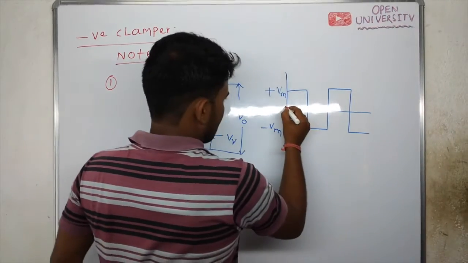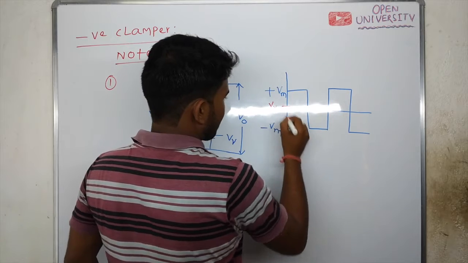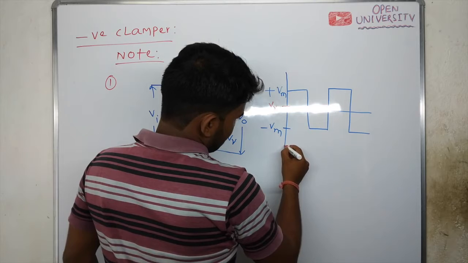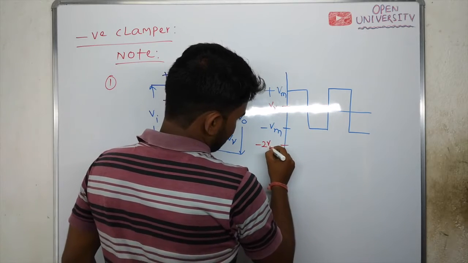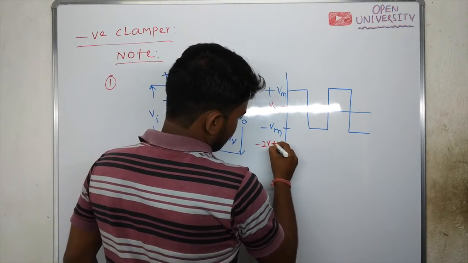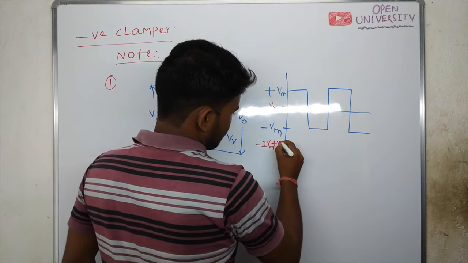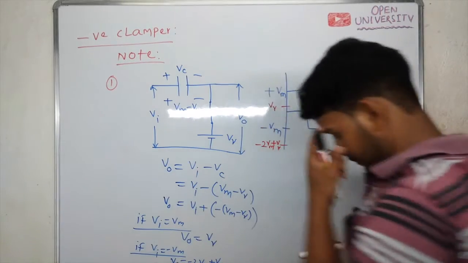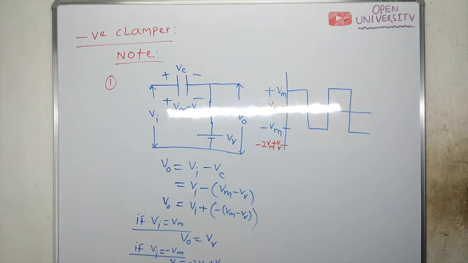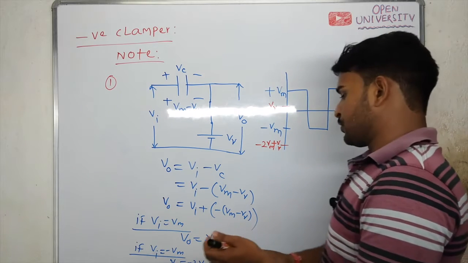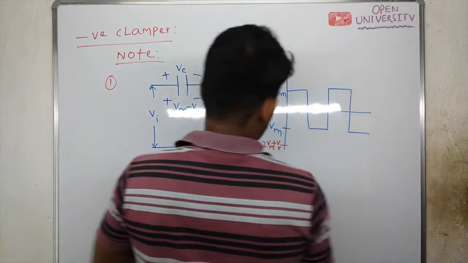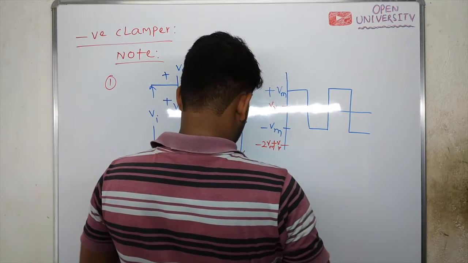This is your V gamma cut-in voltage, and this is your minus 2Vm plus V gamma. When Vi is positive, Vo is V gamma.